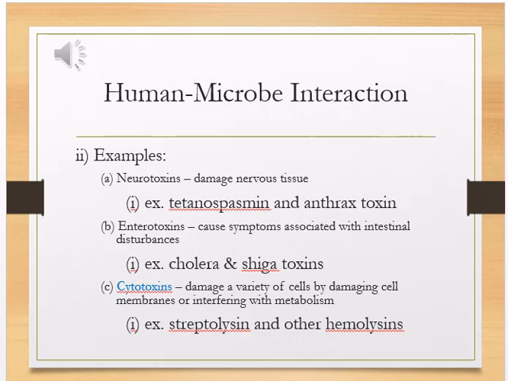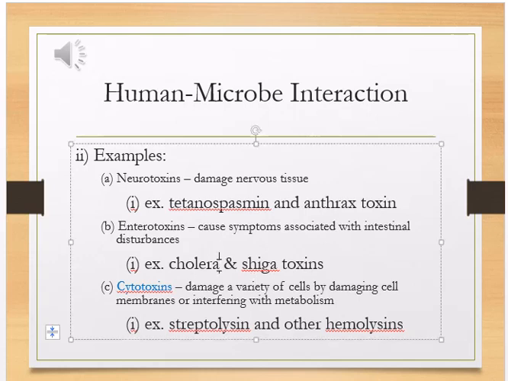All right, these are the different types of toxins that cause harm, for example, neurotoxin that harms your brain, enterotoxin that harms your stomach, like cholera, which is very popular, and cytotoxins which poison the tissue or the cells, caused by streptolysins or hemolysins.